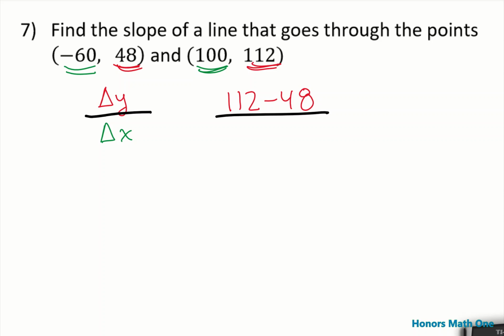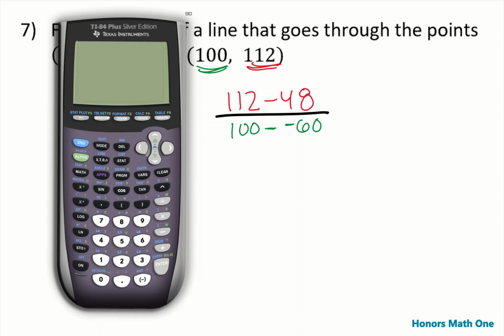I'm going to start with the second point, write down the 100, and I'm going to subtract from that. Now, careful, I'm subtracting, but I'm subtracting a negative 60. So here's my definition of slope. I figured out an expression for the change in y, an expression for the change in x. Now let's go ahead and do the calculations. And yeah, I'm tired.